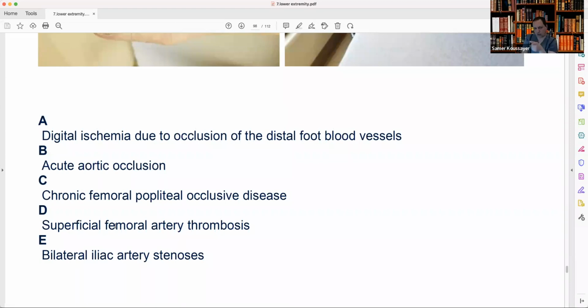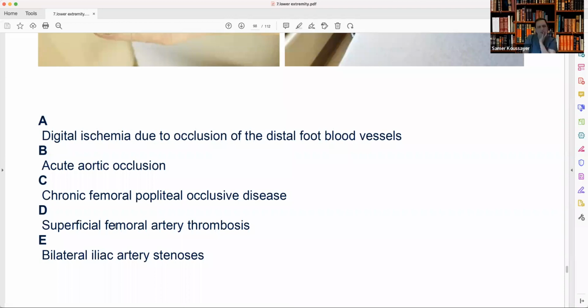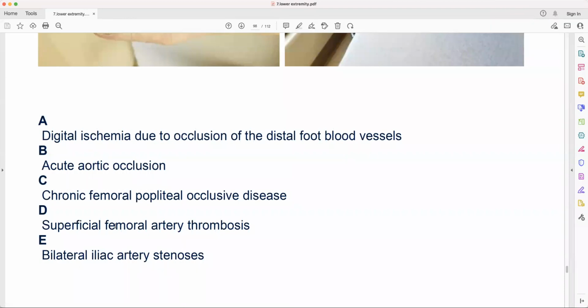Maybe he meant occlusion; if it's occlusion, no, because you have distal pulses. Superficial femoral artery thrombosis? If it is complete thrombosis, the pulse will also disappear. Bilateral iliac artery stenosis? Stenosis, yeah, if it is shaggy, as I said. It's not a good question.